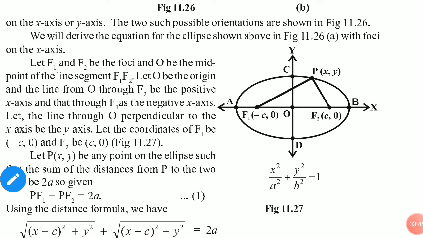Now here you have to understand how you will find that standard equation. Here this is a horizontal ellipse, and you know the coordinates of focus F1 are minus c,0 and of focus F2 are c,0. Suppose any point P(x,y) lies on this ellipse, so take any point P anywhere. Suppose this point P is here and its coordinates are x,y.